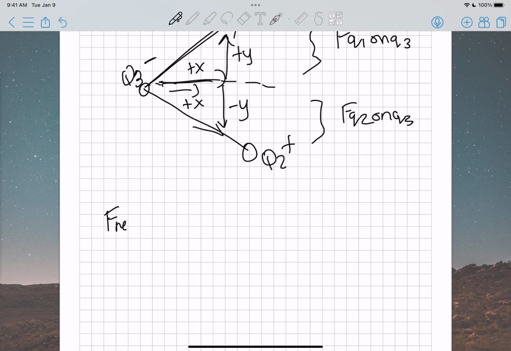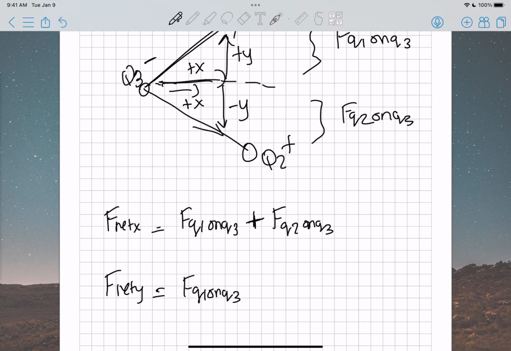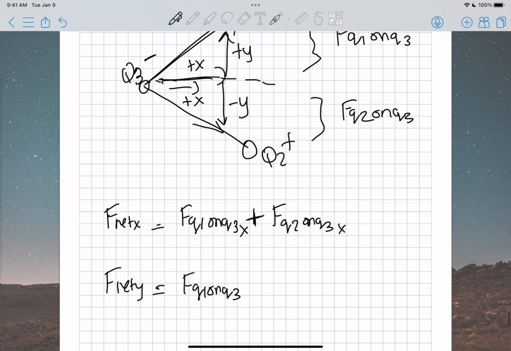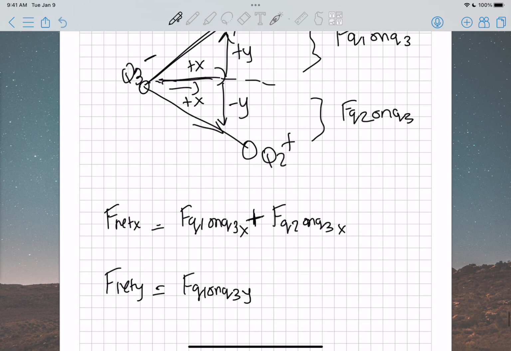So F net x: F Q1 on Q3 is going to be positive, and we're going to add that to F Q2 on Q3. Both of them are positive, so we have a positive sign in the middle, and we just add them up. Perfect, right? How about F net y? F net y, we have F Q1 on Q3 y, and that was positive because it's the positive y-axis.